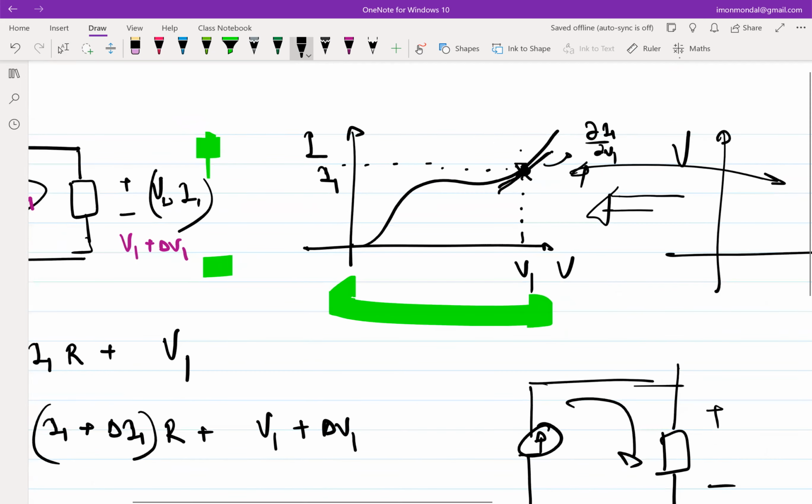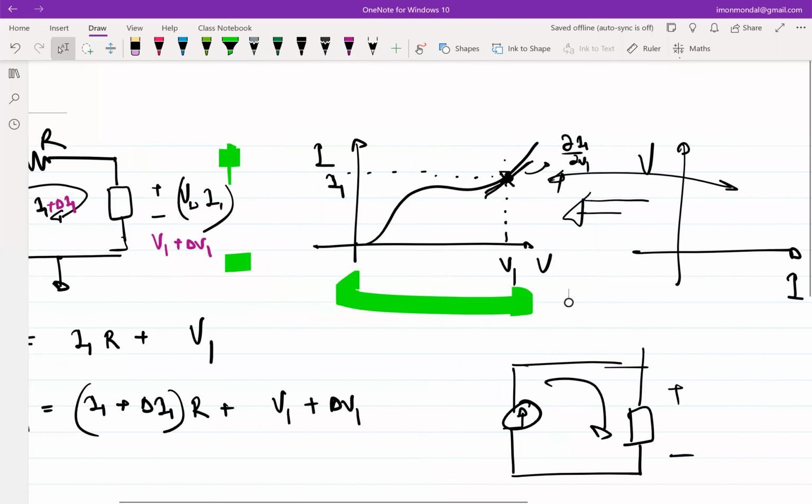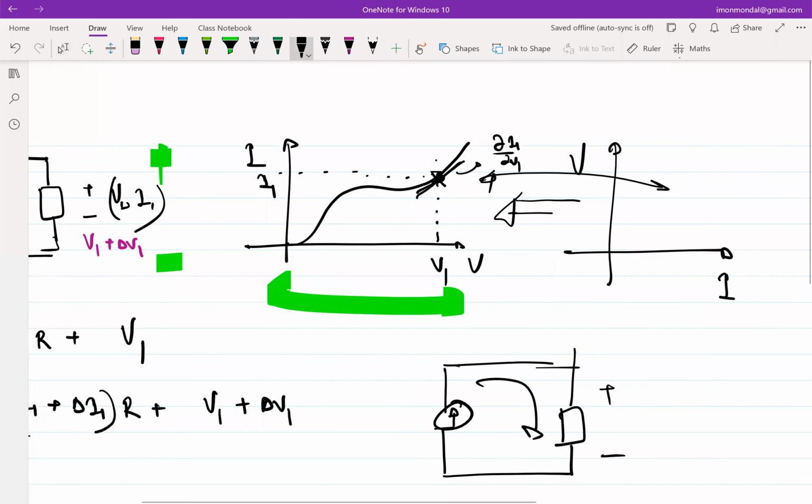If I draw a corresponding plot on the right, the way I have drawn it, it becomes difficult to visualize. So let me draw it like this.